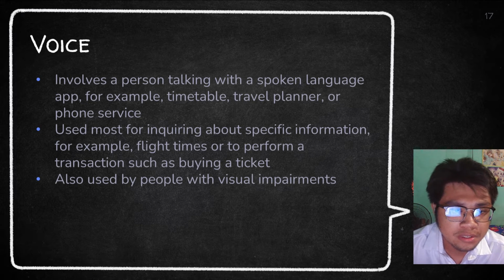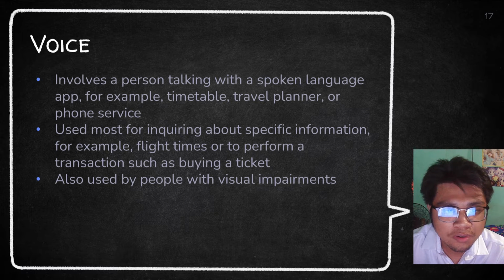Lastly, we have voice. A voice user interface, or VUI, involves a person talking with a spoken language app, such as a search engine, a train timetable, a travel planner, or a phone service.